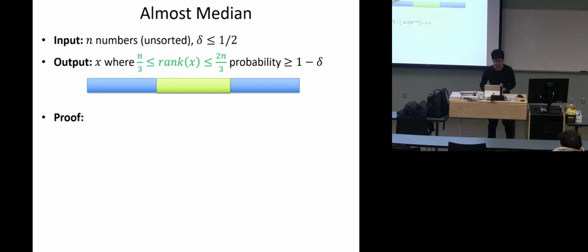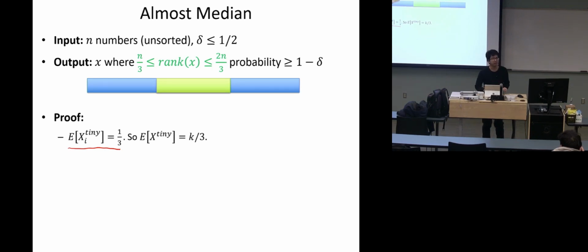So to analyze this, we know that for each i, the expectation of x_i tiny is 1/3, because that's the probability that you go to the tiny part. So in expectation, x tiny is k/3.